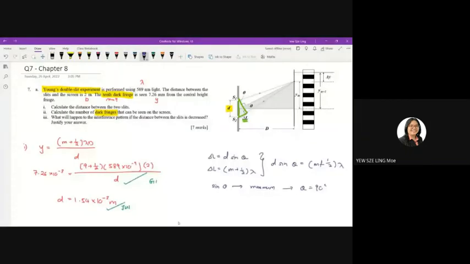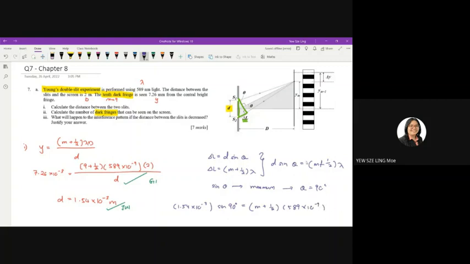So now that you've got the equation, what are we going to do? We're going to plug in the values. Given d from question 1, d is 1.54 times 10 to the power of negative 3, and then sine 90 degrees equals, now the thing that we don't know yet, m plus 1 over 2, and then lambda is given as 589 times 10 to the power of negative 9.